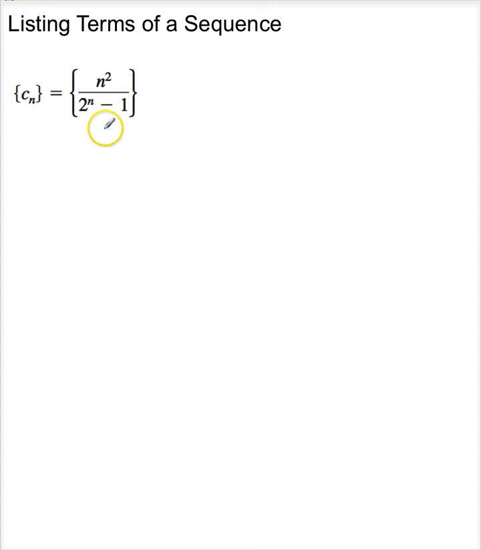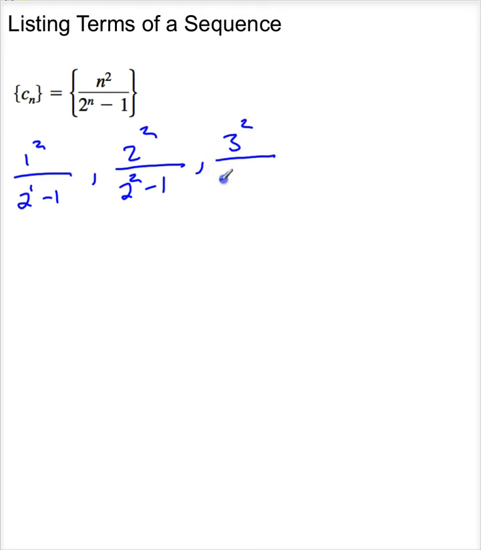Now, this is one of the reasons I want you to go and write them out, because sometimes it's not easy to do them in your head. So listing these, this is 1 squared divided by 2 to the first minus 1, comma, 2 squared divided by 2 squared minus 1, 3 squared divided by 2 cubed minus 1, and 4 squared divided by 2 to the fourth minus 1, dot, dot, dot.